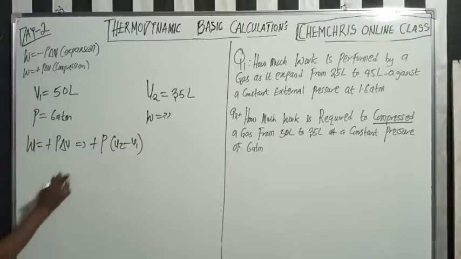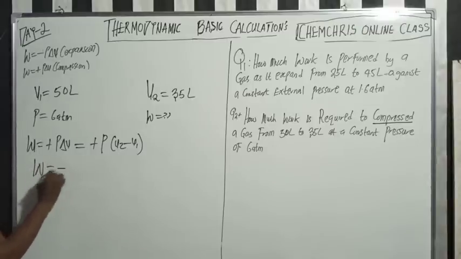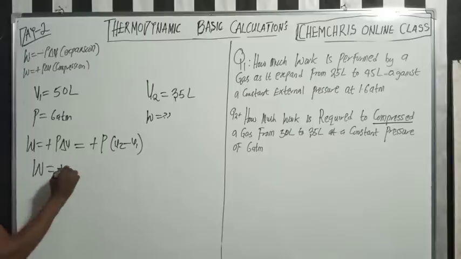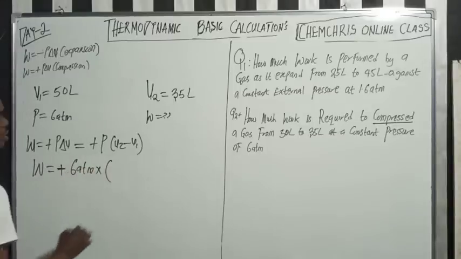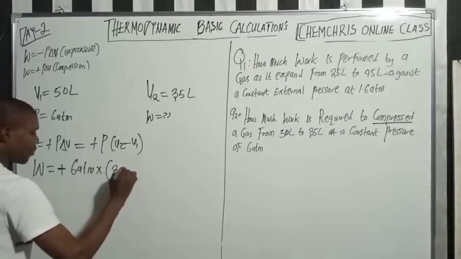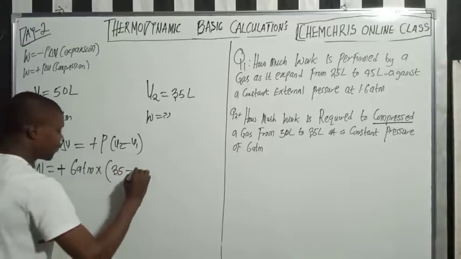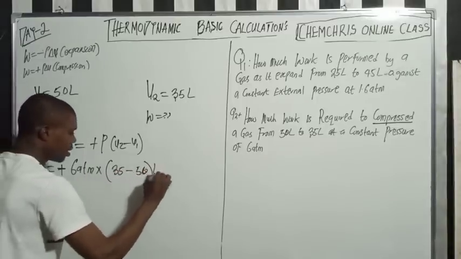So if you plug in your values, W equals plus 6 atm times V2, which is 35, minus V1, which is 50, in liters, right?